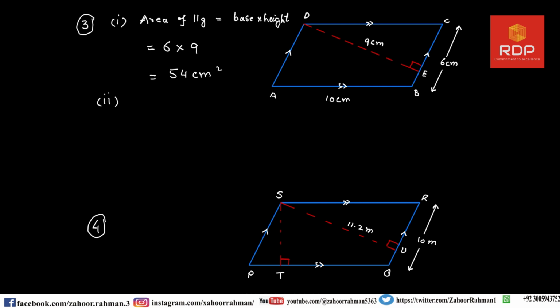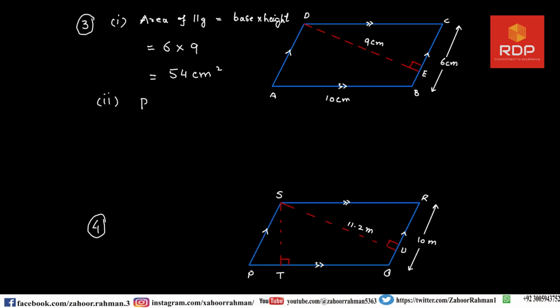Now part number 2 is easy because there are two pairs of parallel sides, and you can see that this side is parallel to this side and this side is parallel to this side.